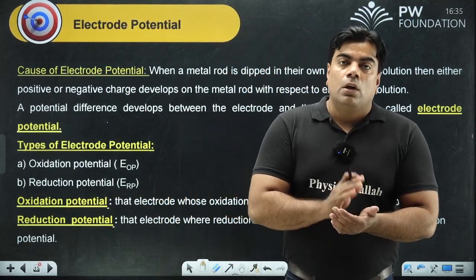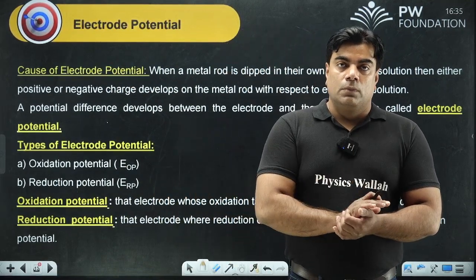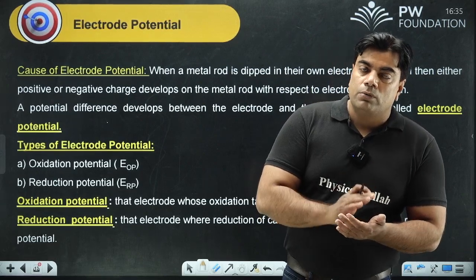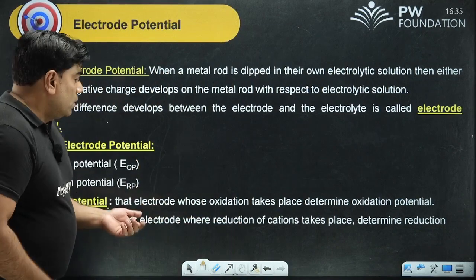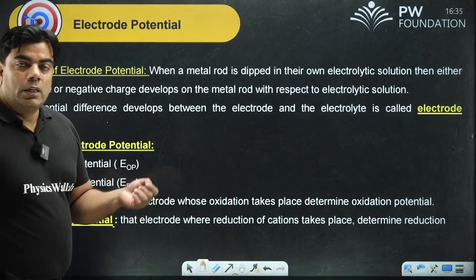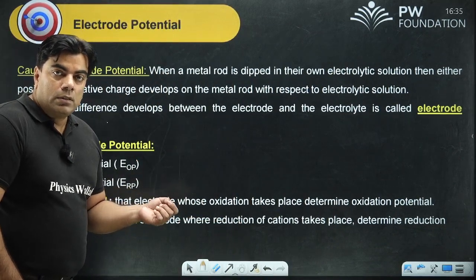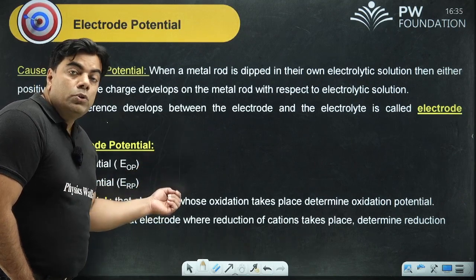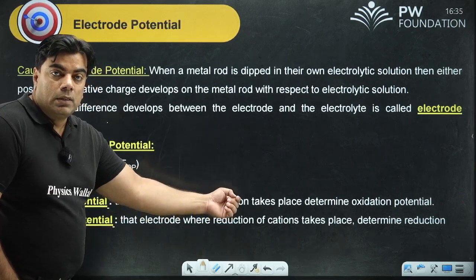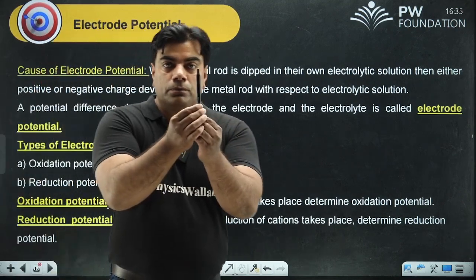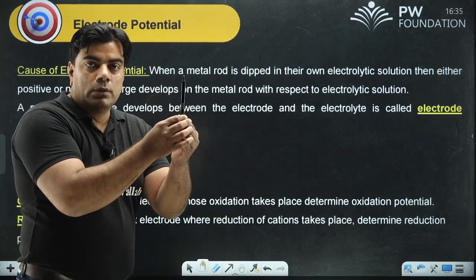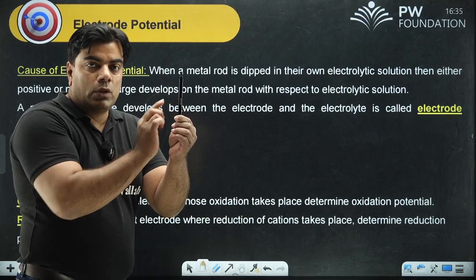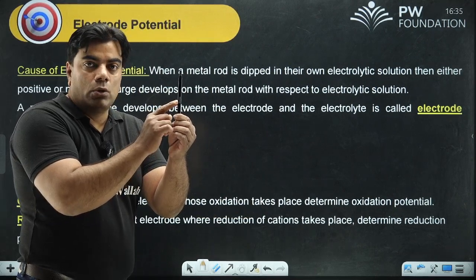Oxidation means loss of electrons. So you say, sir, the electrode whose oxidation takes place. Suppose this is the electrode; here my electrode is a copper rod. If oxidation of this electrode takes place, it means this rod loses electrons.